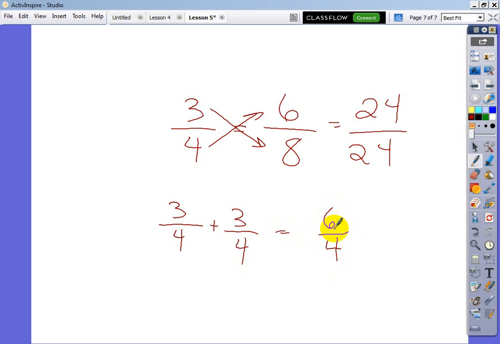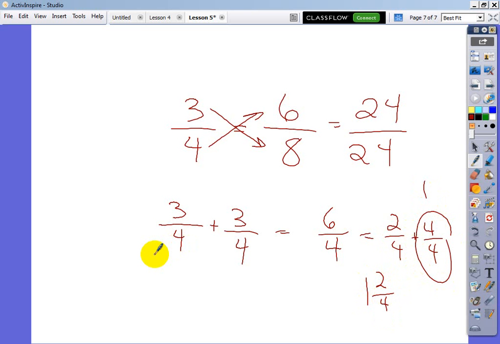We're actually going to go past the number 1. If you add a lot of fourths together, we're bigger than the number 1 now. This is equal to 2/4 and 4/4, so it's actually equal to 1 and 2/4. So adding fractions and multiplying them are different. They do a different thing.